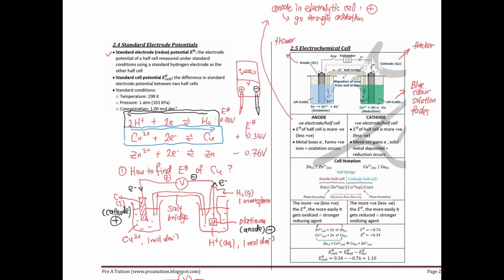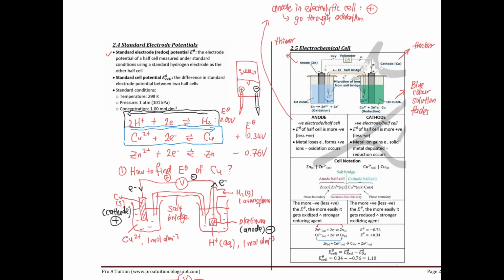That means no matter electrochemical cell or electrolytic cell that we learned before, anode goes through oxidation. The difference is the electrolytic cell has positive as anode, but the electrochemical cell has negative as anode. Okay, so anode is negative in an electrochemical cell, but in an electrolytic cell, anode is positive. So we have something same and something different over here.